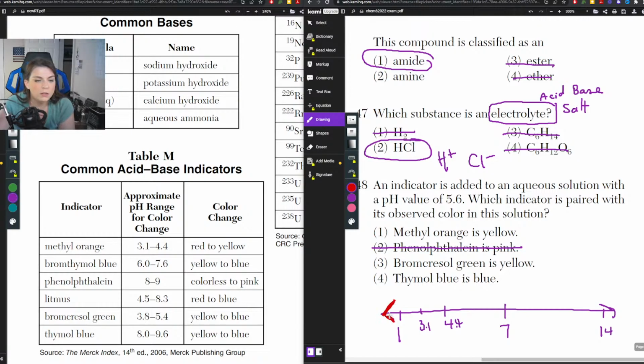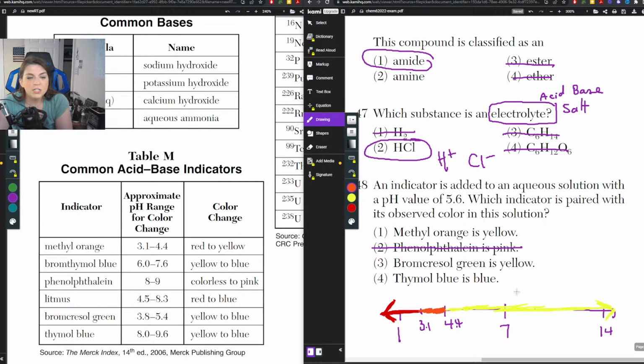So it'll be red until it hits 3.1, and it'll be yellow if it's 4.4 or higher. And then finally, it'll be orange in the middle. And it doesn't say orange on the reference table, and this is where your knowledge of first grade art needs to come in. Really annoying that they do it this way.